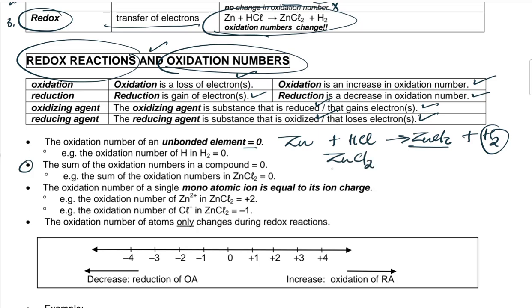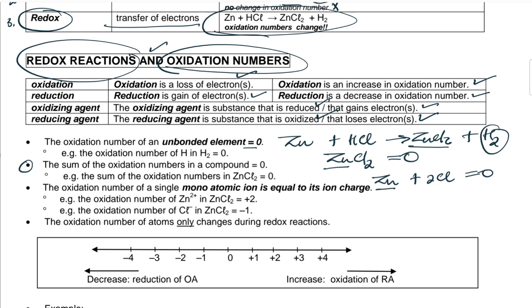I want the oxidation number for Zn. Because there's no ion there, it is a compound, so the sum is equal to 0. So it will be Zn plus 2 chlorine, and this is equal to 0.